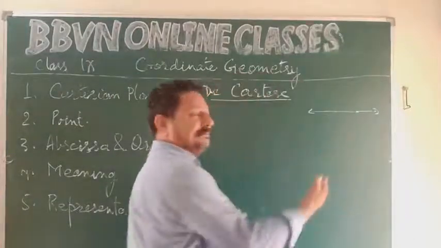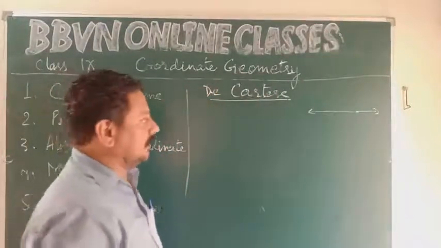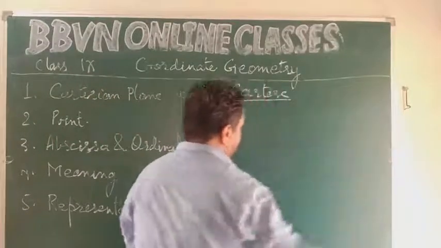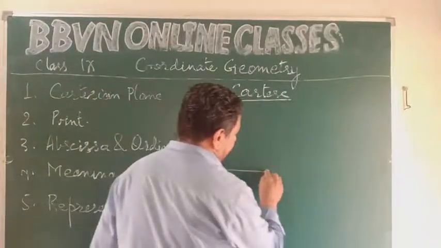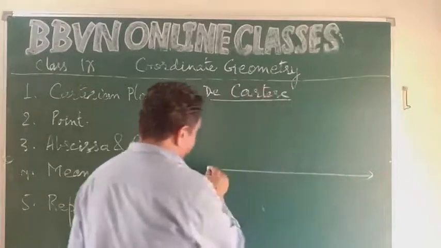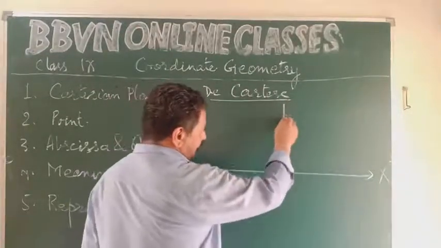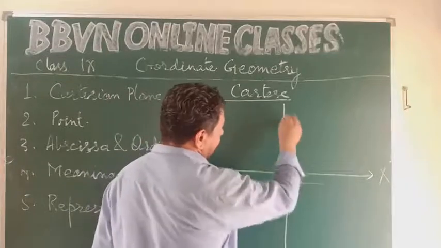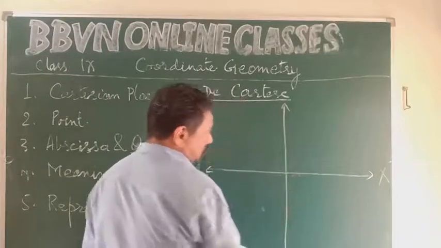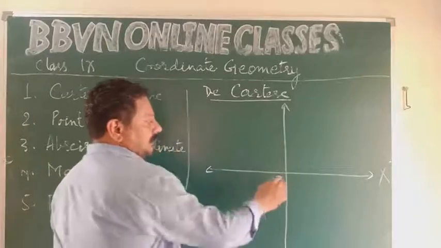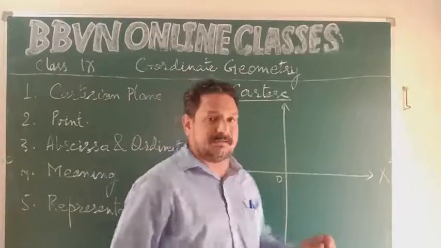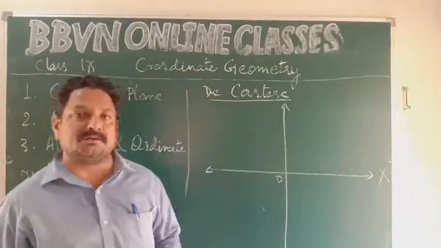So this is one simple dimension, right? But if we have a horizontal line that represents one of the dimensions, say x, then you have a vertical line perpendicular to it, such that the point of intersection is represented by capital O, that is origin.